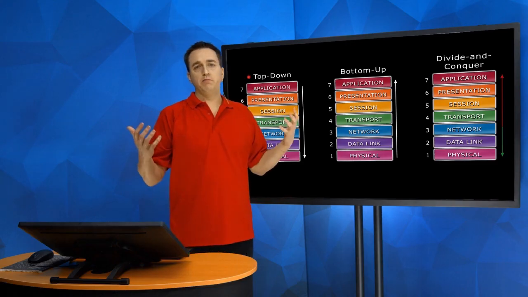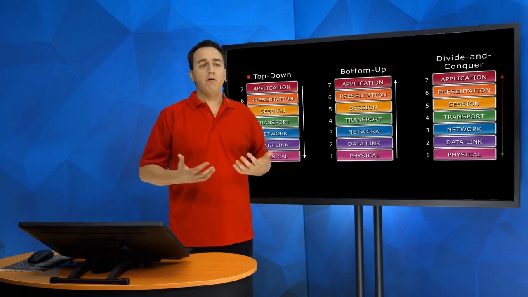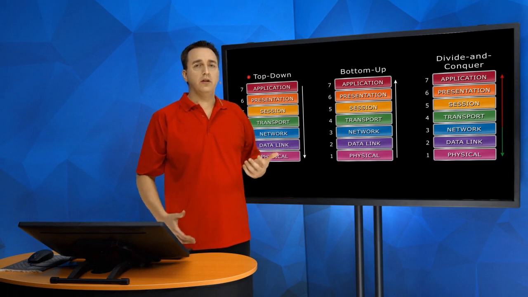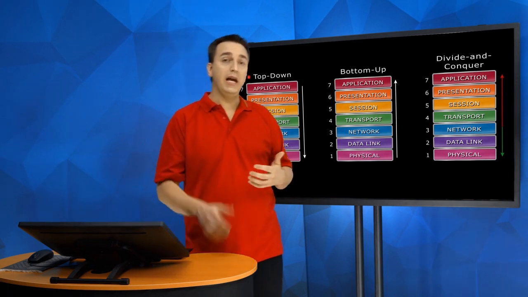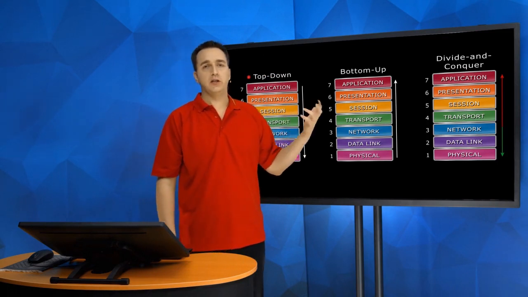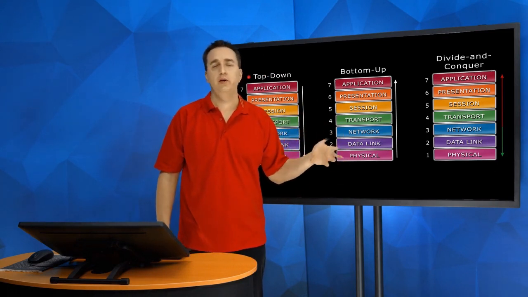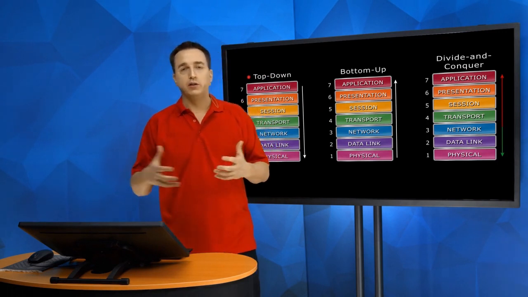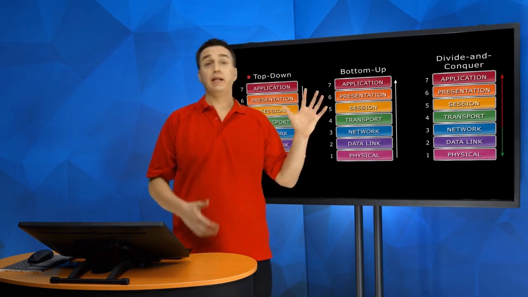That might not be up our alley. What do I mean by that? Well, we're the network administrators. We're not the developers of these applications. As network administrators, I'm concerned about device-to-device communication. I know that the application is supposed to be using XYZ, 1, 2, 3, whatever it happens to be. So I make sure my network has the right ports and protocols and services running to make that happen.